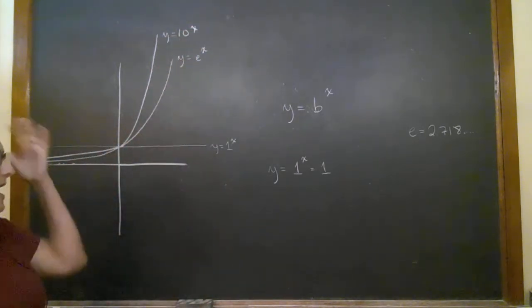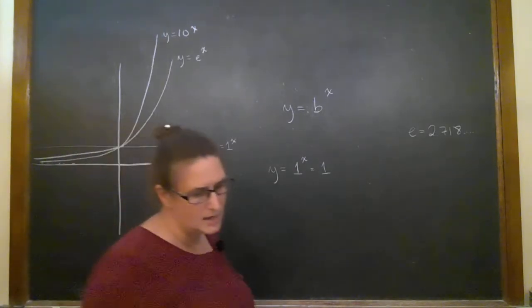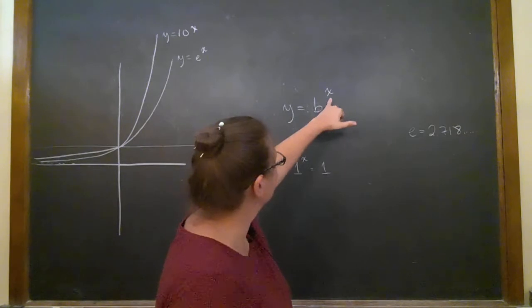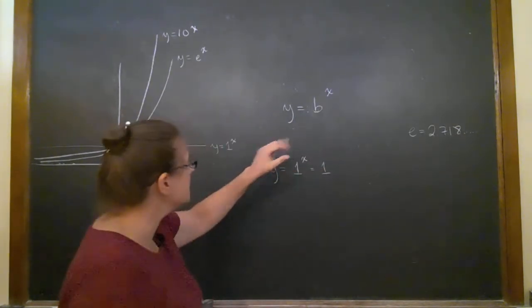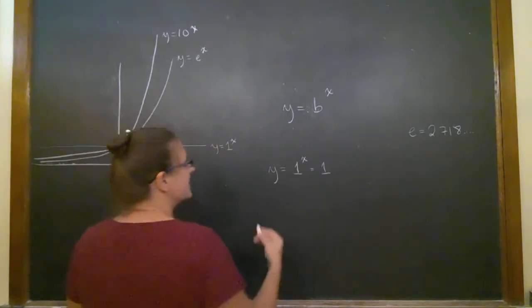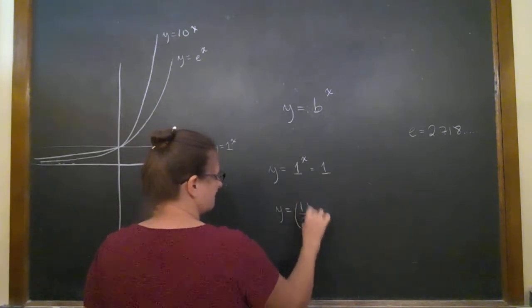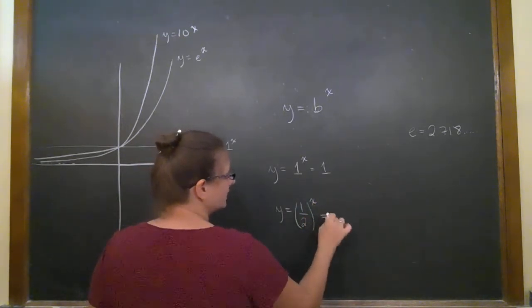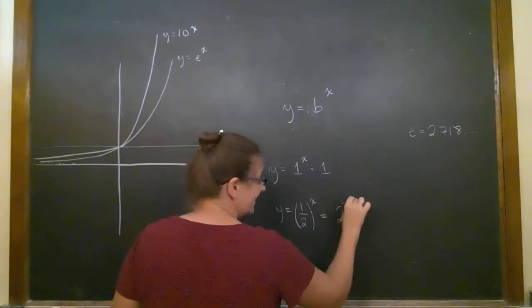Now, as you remember your laws of exponents, if I have a negative, it's like 1 over. Similarly, if I took something that was, say, smaller than 1, so let's say I take 1/2 as my base, this I could also write as 2 to the negative x.